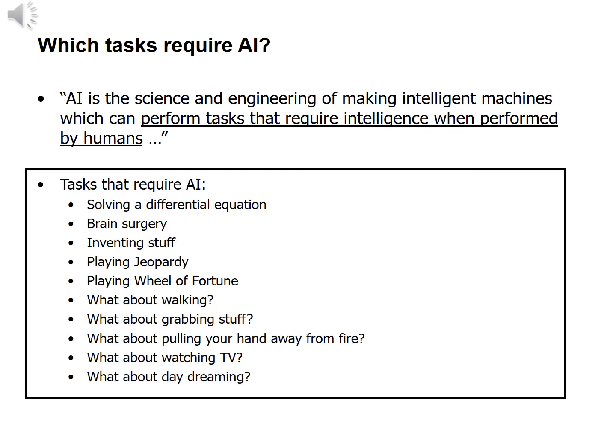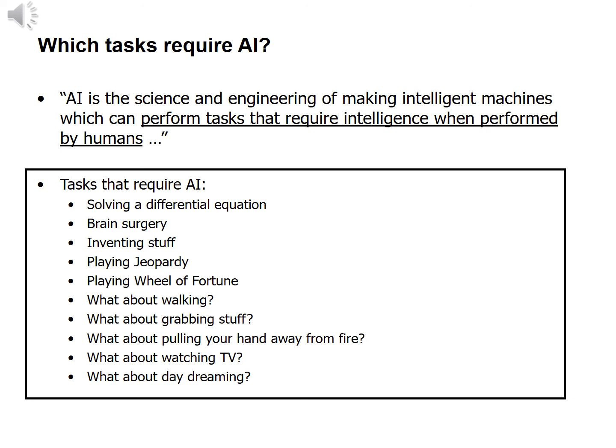Here are some: solving a differential equation, brain surgery, inventing stuff, playing Jeopardy, playing Wheel of Fortune. What about walking? Do you need artificial intelligence for walking? Or grabbing stuff? What about pulling your hand away from a fire? Is intelligence needed to do that?